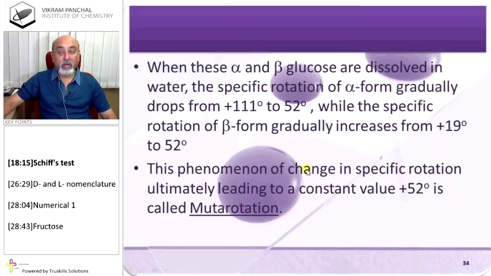This phenomenon of change in specific rotation ultimately leading to a constant value of plus 52 degrees in aqueous solution of glucose. Therefore, this glucose is dextrorotatory, and this process in which alpha is changing to beta and beta is changing to alpha is known as mutarotation.